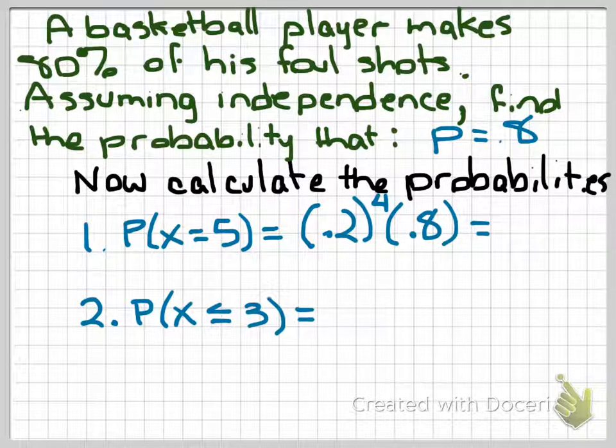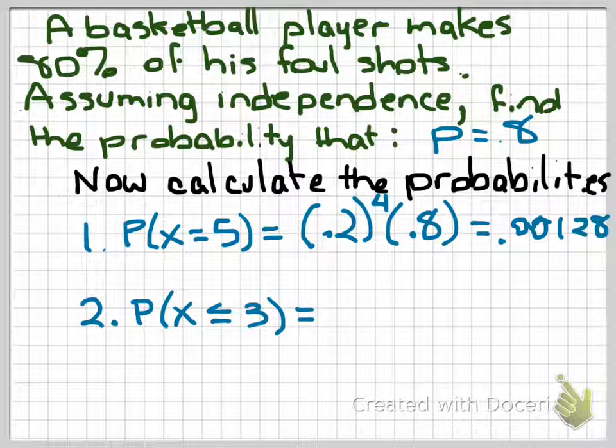And that probability is 0.00128. And again, we're normally going to round to the 4th decimal place, but for right now, I just want to make sure you can see where these numbers are coming from.